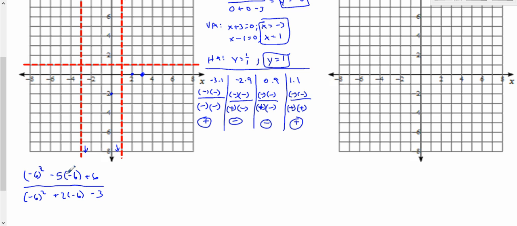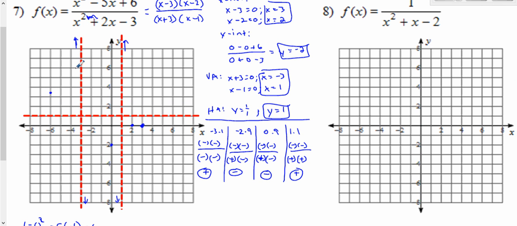That's 36 plus 36 is 72. 36 minus 12 is 24, minus 3 is 21. And 72 over 21 is around 3.5. So approximately 3.5. So at negative 6, I will go up to 3.5 and plot that point.